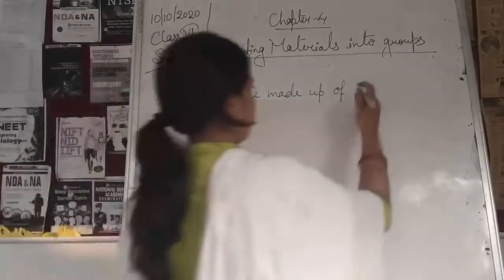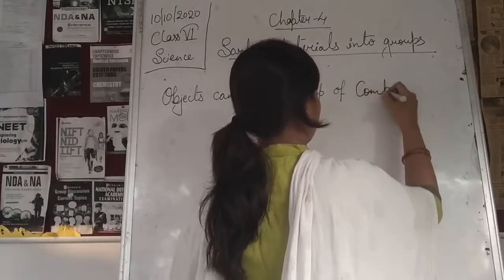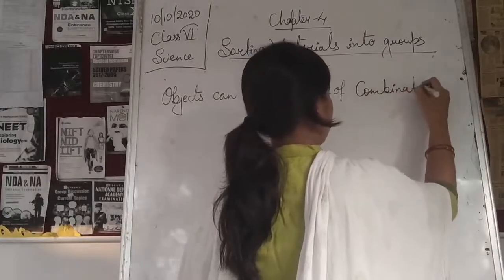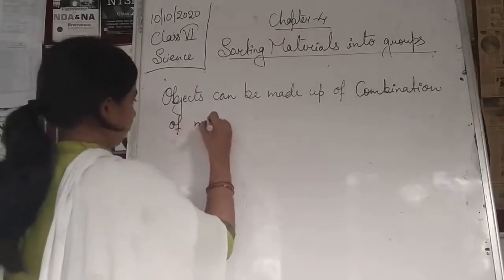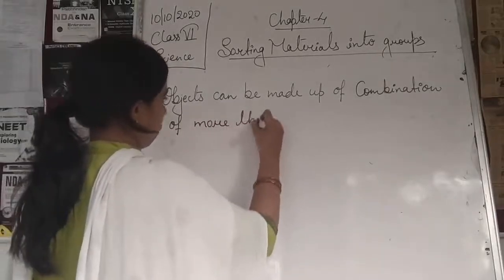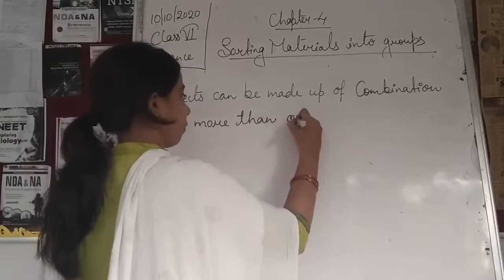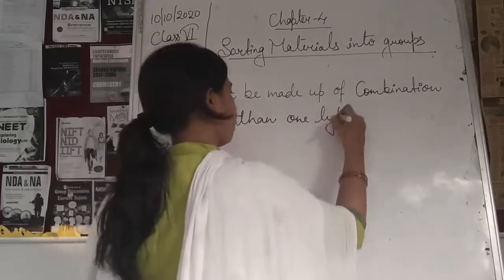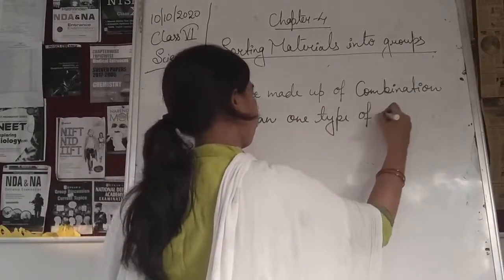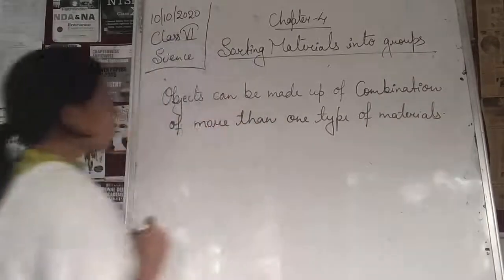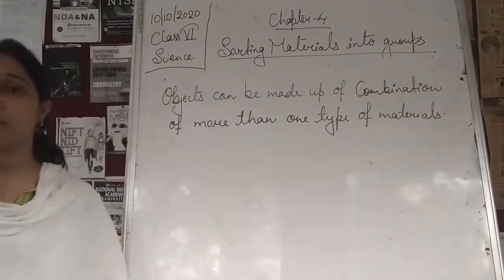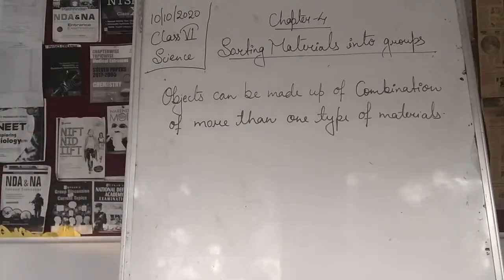Okay, so an object can be made up of a combination of different kinds of material.